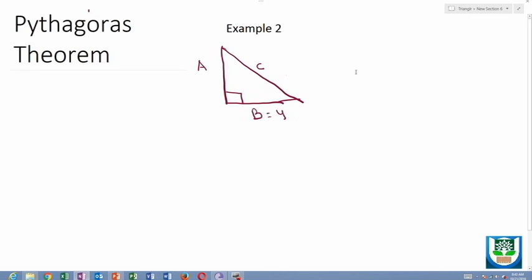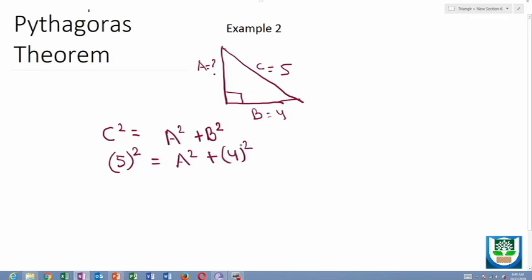Friends, let's say now we know C is equal to 5. Then what will be side A? Now, it is very easy to find out through the Pythagoras theorem. The Pythagoras theorem says C square is equal to A square plus B square. So, C square is 5 square, equal to A square plus 4 square.